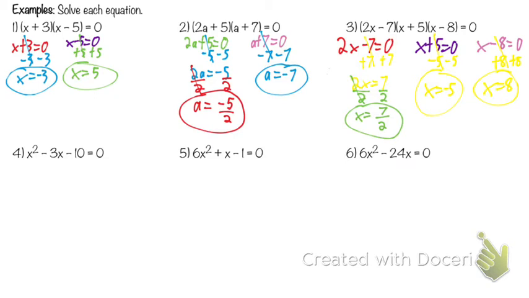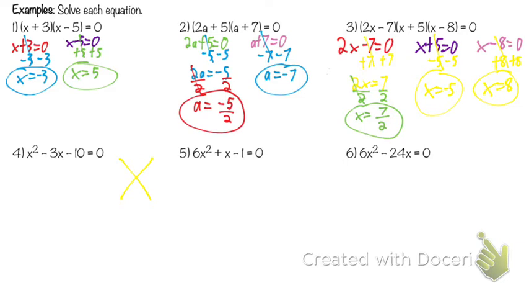Do we look for a GCF on number 4? We look for one. Do we find one? No. So there's 3 terms. What did we do when there was 3 terms? Make an X. Can we do the shortcut here? How do we know we can do the shortcut, guys?